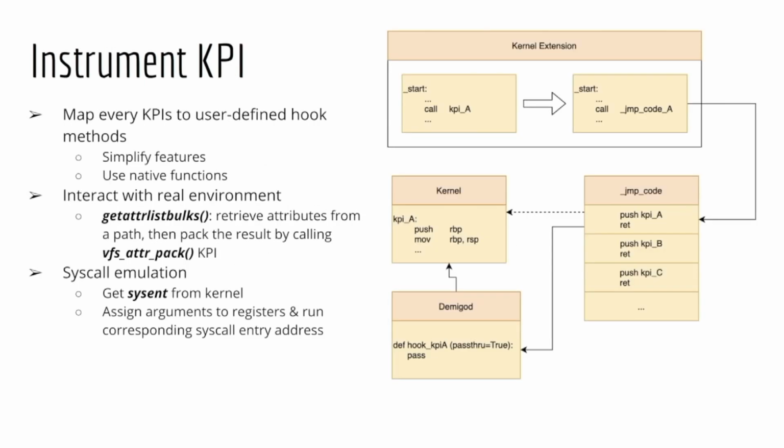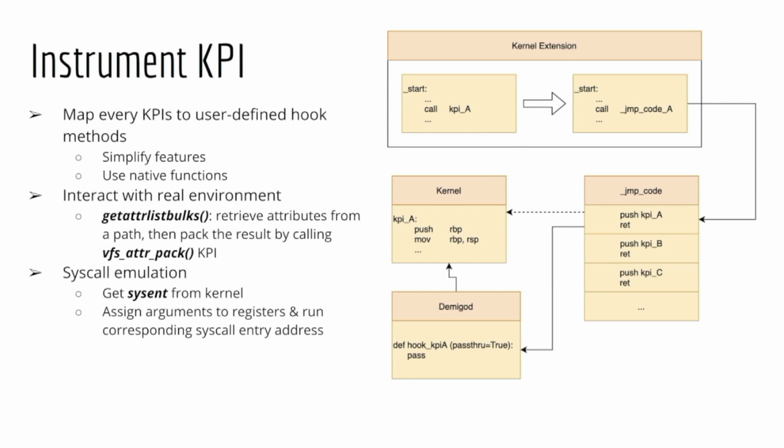Speaking about the instrumentation, I map all KPIs exported from the kernel to user-defined methods. It helps to simplify some features, or we can pass through and use the native function. On the other hand, I also hook KPIs to disable multi-thread functionality.